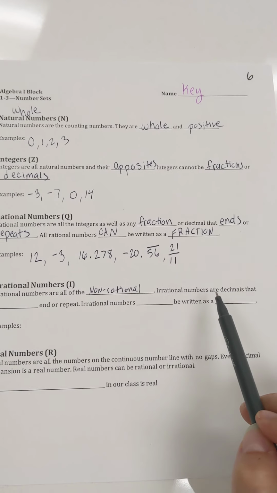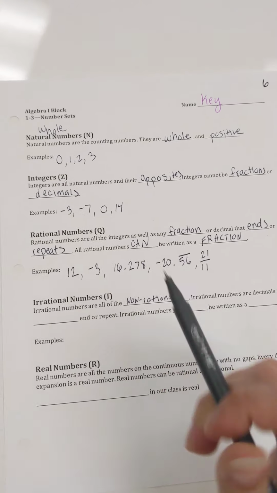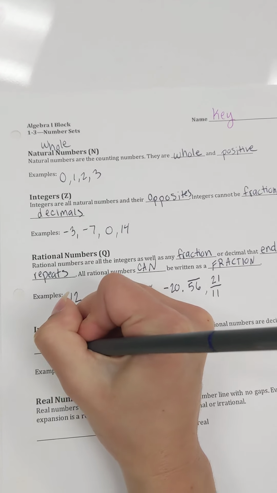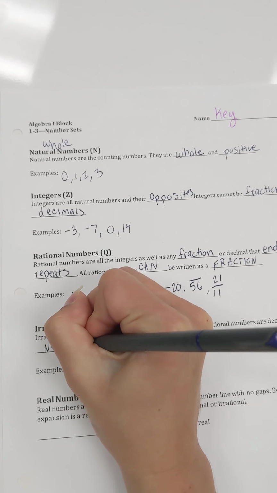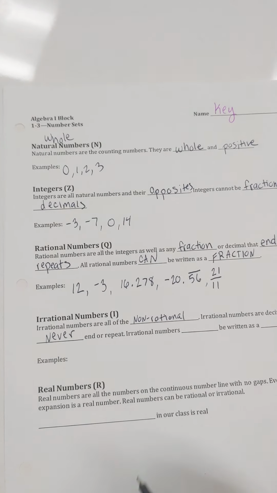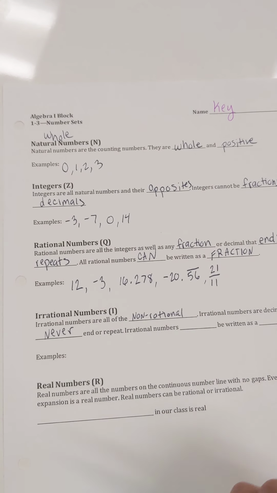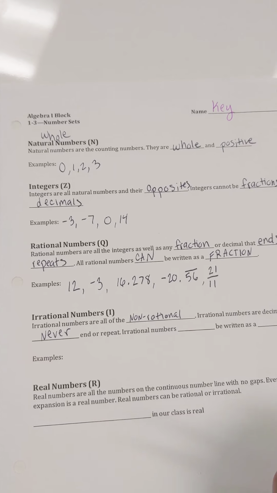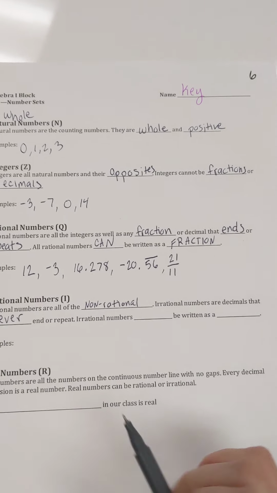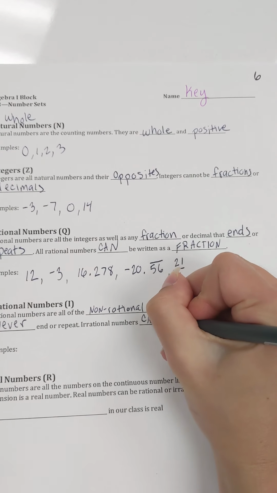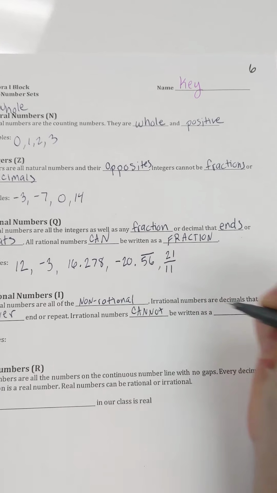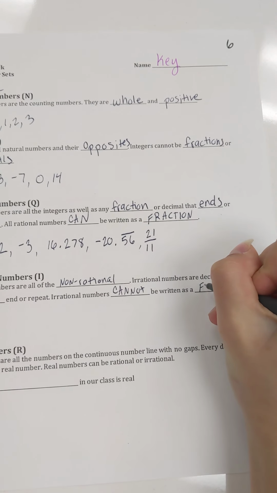Irrational numbers are decimals that never end or repeat. They go on and on and on forever without any type of an ending or a pattern. Irrational numbers cannot be written as a fraction.